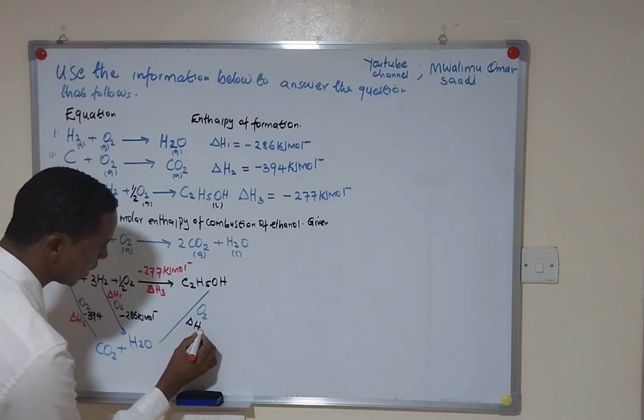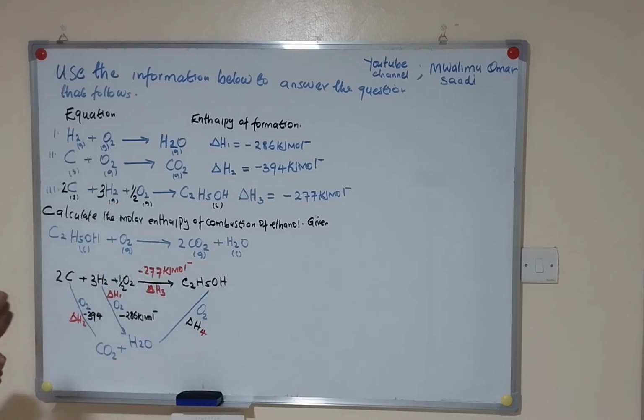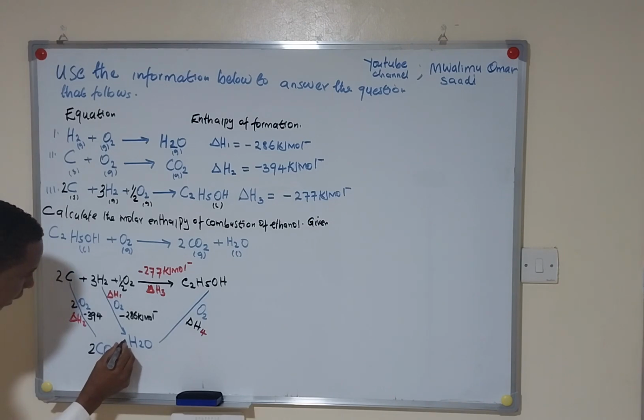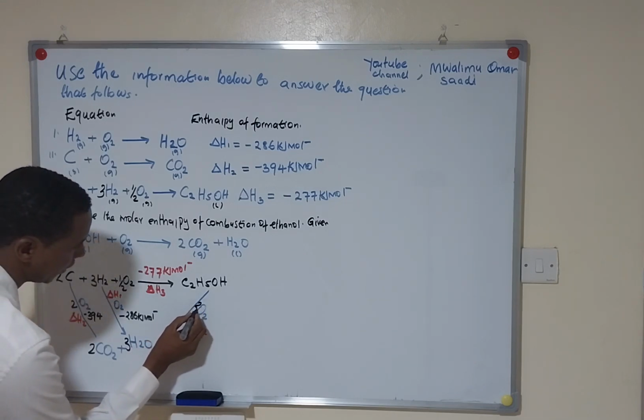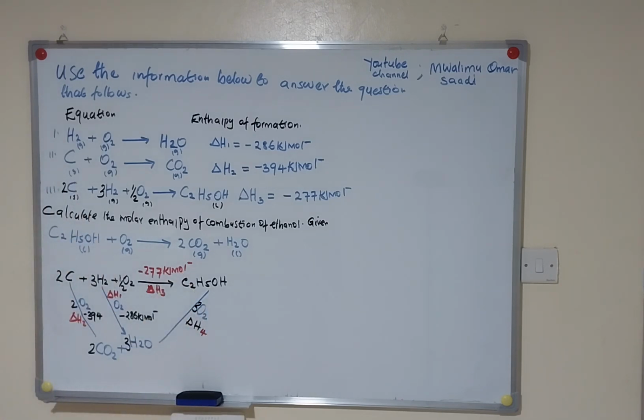And the enthalpy of combustion of ethanol will be delta H4. So we need to balance our equation there. Balance the oxygen. Write 3 there, and 3 there. So that is our energy cycle.